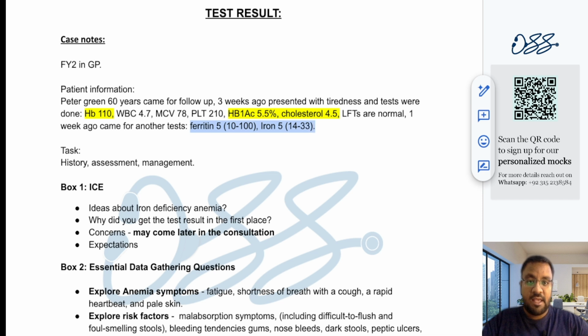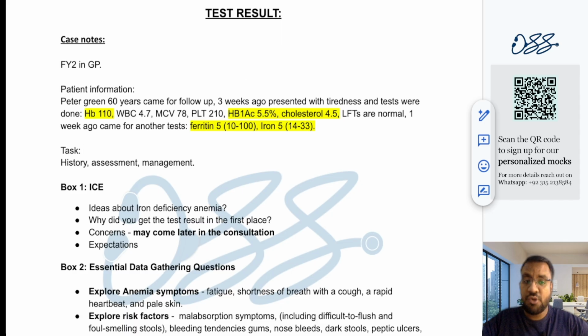You can see from this case note that the patient has a low hemoglobin, number one, and low ferritin and low iron. That means this is typically a case of iron deficiency anemia.